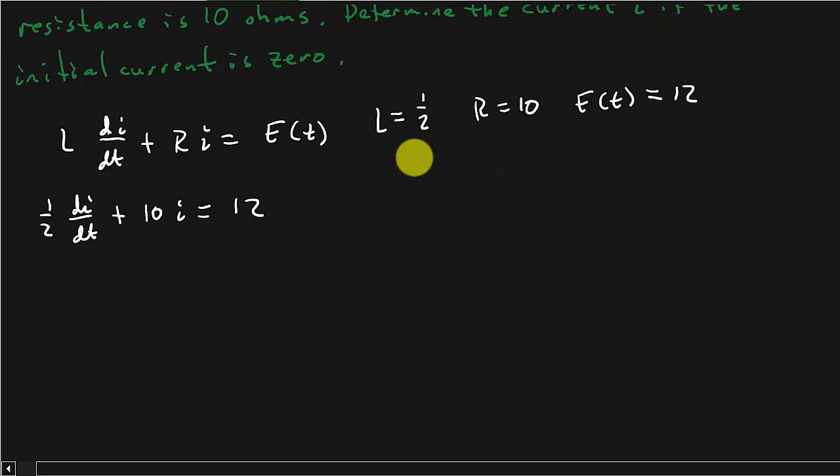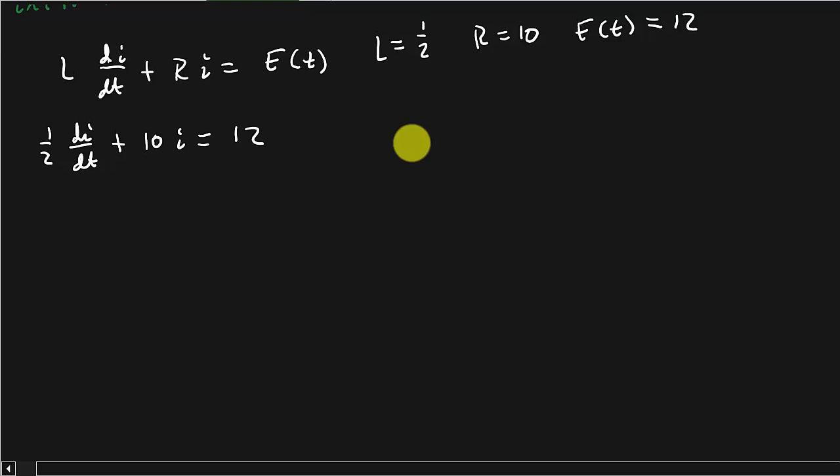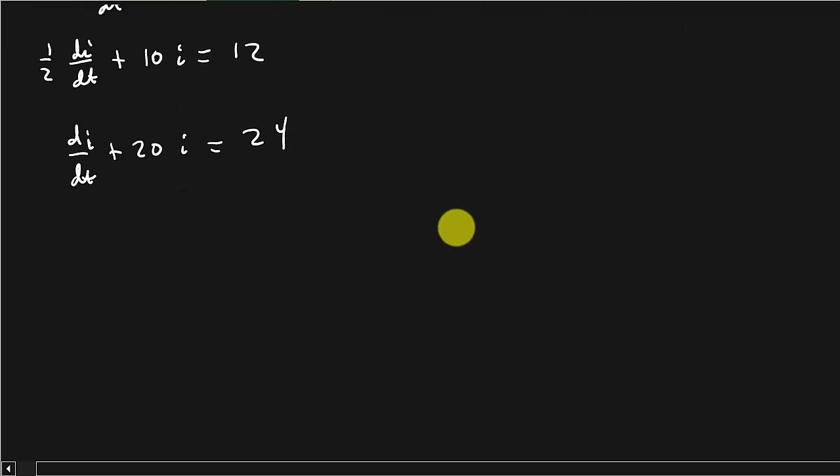To solve this, I need to multiply everything by 2. So di/dt plus 20I equals 24. And you can see here we have a basic equation to solve, integrating factor, and also I know that I of 0 is 0.